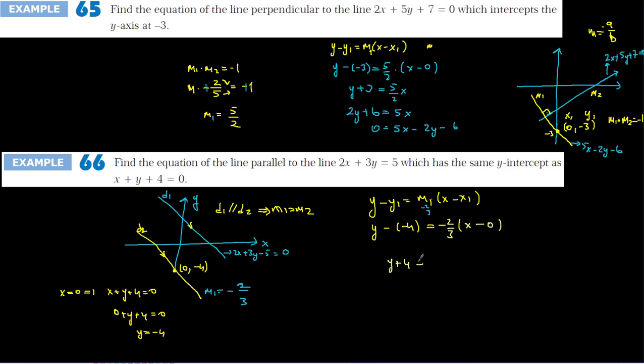Y plus 4 is equal to minus 2x over 3, because this is x minus 0. So you send the 3 to the other side: 3y plus 12 is equal to minus 2x, and 2x plus 3y plus 12 is equal to 0 is the answer to our question.